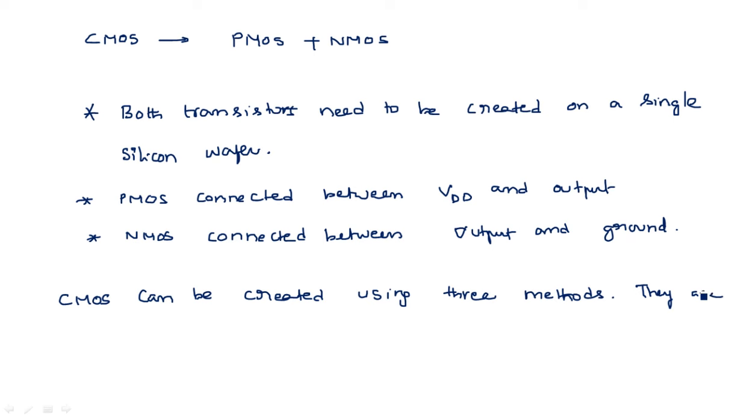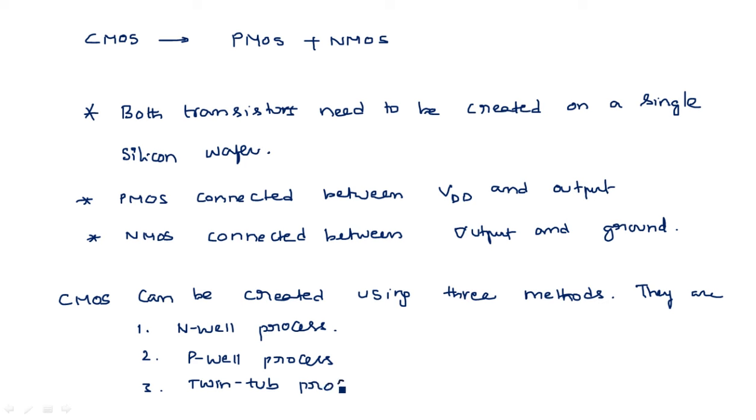The first one is N-well process or N-well fabrication process, the second one is P-well fabrication process, and the third one is twin tub process. So these are the three different fabrication methods available to create a CMOS device. That is N-well process, P-well process, and twin tub process or twin well process, which is a combination of both P-well and N-well.